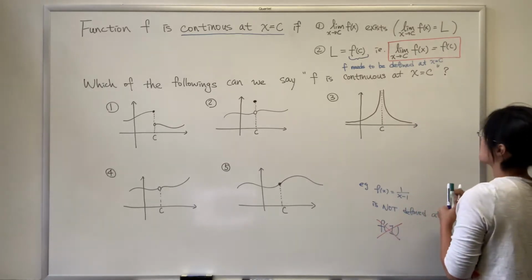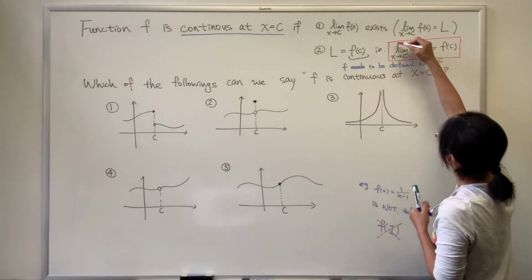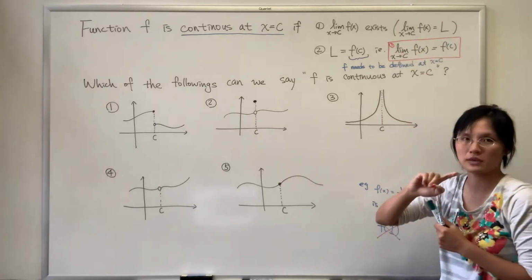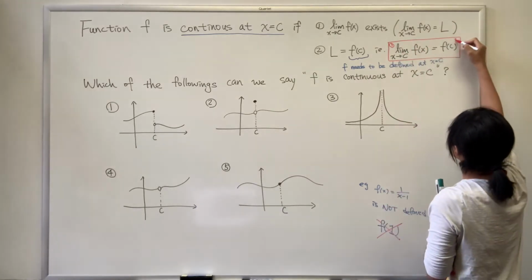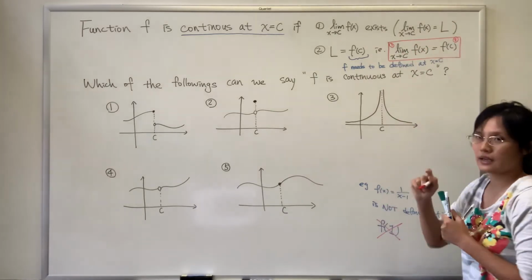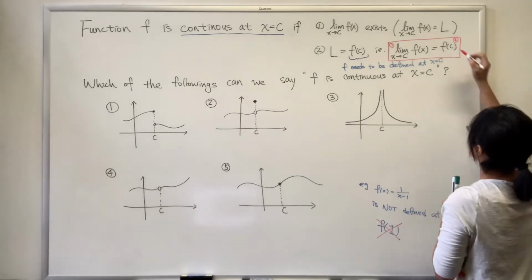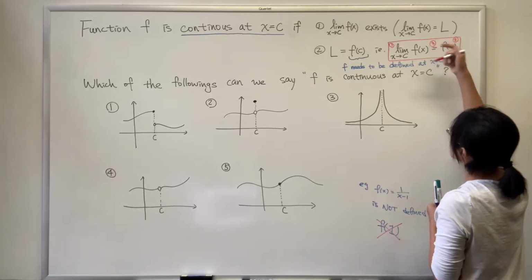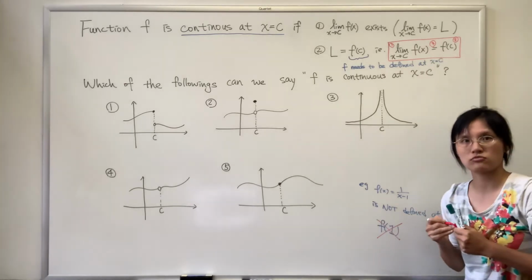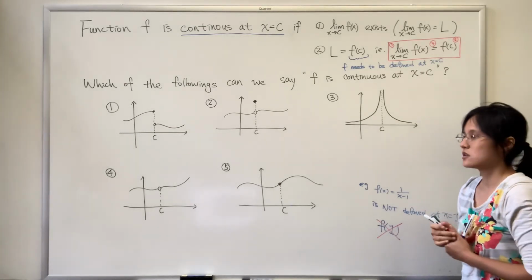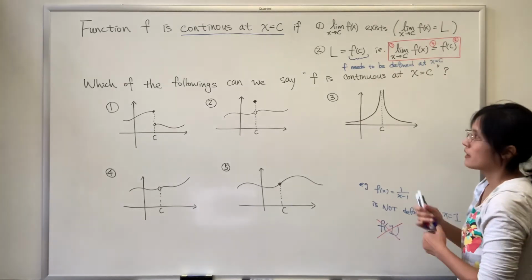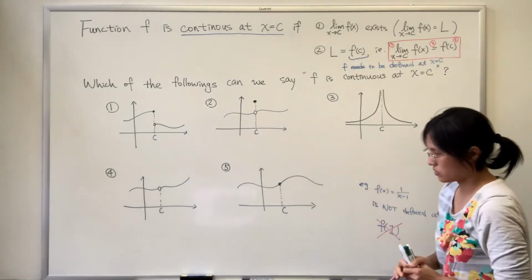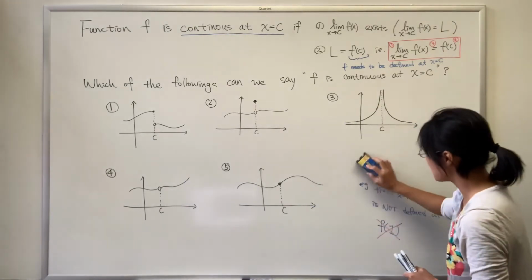Okay, so the first component is the left-hand side needs to make sense. The second component is the right-hand side needs to make sense. And the third component is the left-hand side must equal the right-hand side. Okay?